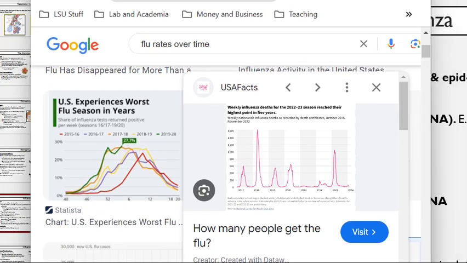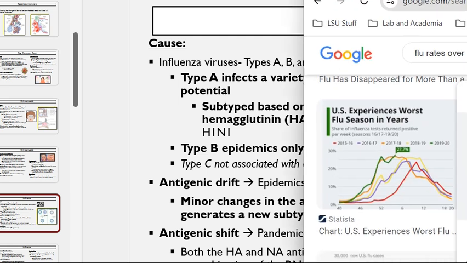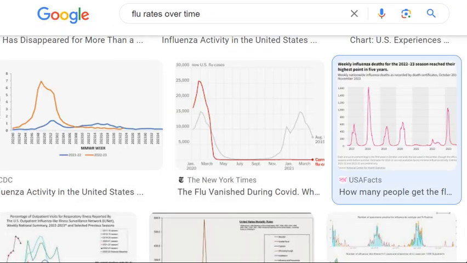You can see here that every single year we have a pop up of flu, pop up of flu, pop up of flu. But in 2020 we were all wearing masks and there was barely any flu. And then 2022 a few cases came back, and then it came back with a vengeance in 2023. That was like a back to normal, no one wearing masks.